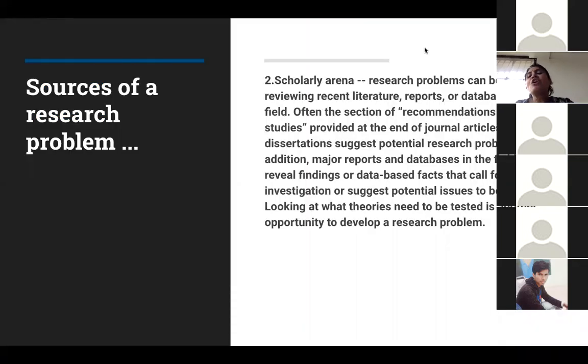Now, again continuing, the scholarly arena, right? What is the scholarly arena? It means the research that has already been done is also a platform for me. I can get a problem from there also. Now research problems can be identified by reviewing recent literature. Now what I did was, first case, I went to the doctor.